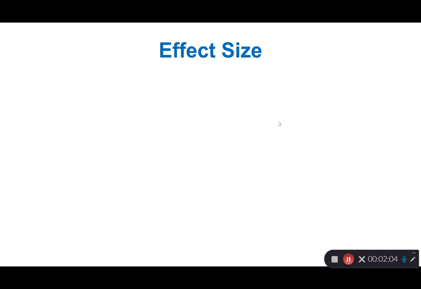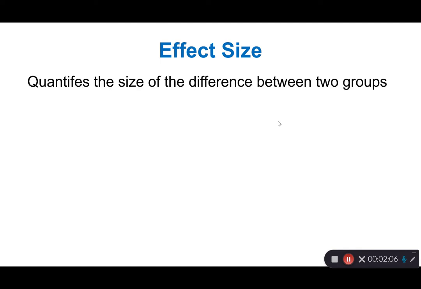Essentially, what Cohen's d does is quantify the size of the difference between the two groups. We can take this effect size and turn it into a number and talk about how much improvement is due to my SAT class, or how much better did students do in 2020 compared to 2019.